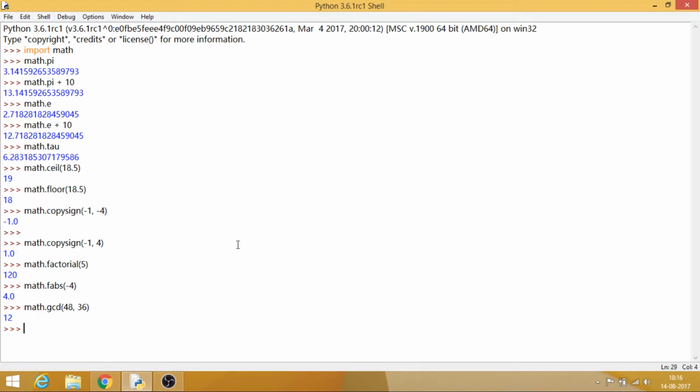Now let's move on to the power and logarithmic functions. First of all, let me tell you something known as math.exp. It is pretty hard to remember. So the exp function along with x will take the value of x as the power of the exponential constant.